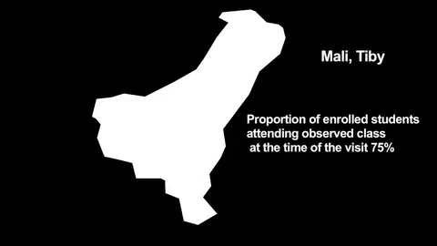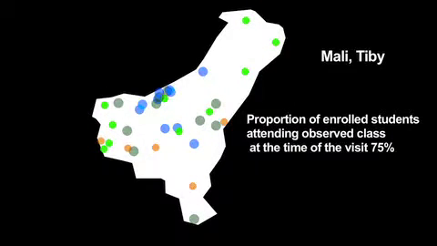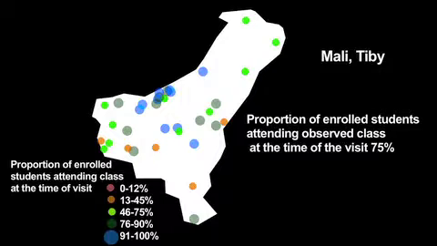This case study is from Mali, from the Millennium Villages site at Tibi. If you see the graph, it basically shows a map of our site, where we have these yellow, green and blue dots which show the proportion of enrolled students attending the class at the time of the visit.